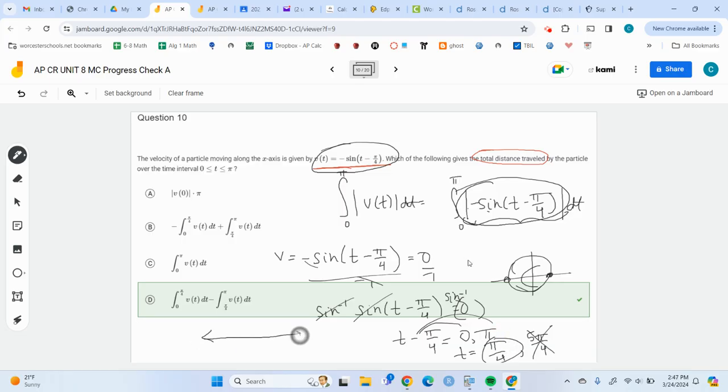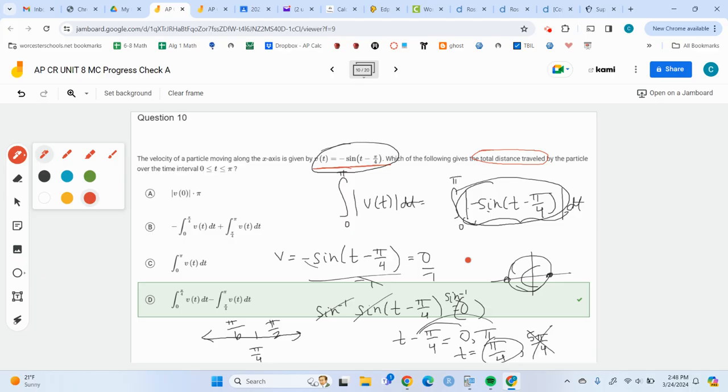So I stop at pi over 4, which means that is a potential spot where I could change direction. And I need to know when I'm moving to the right and when I'm moving to the left. Okay, so let's do some quick critical values here. A number less than pi over 4 is pi over 6. A number greater than pi over 4 is pi over 2. So we have to do some quick plugging in here. Lots of good trig review here.